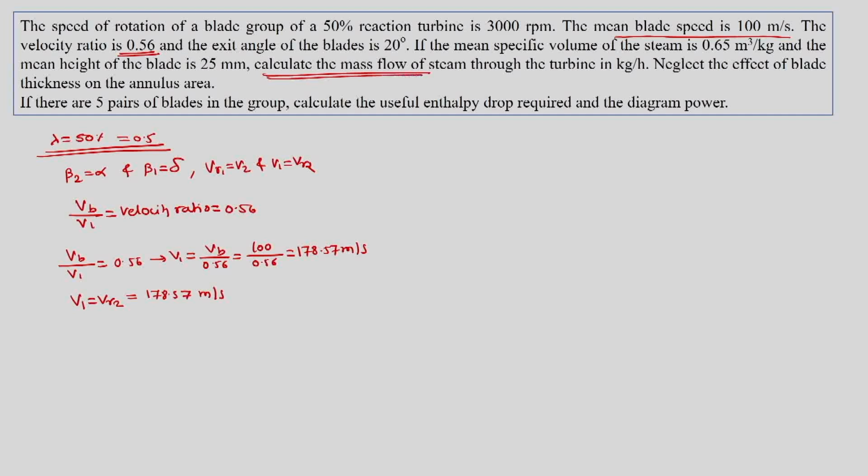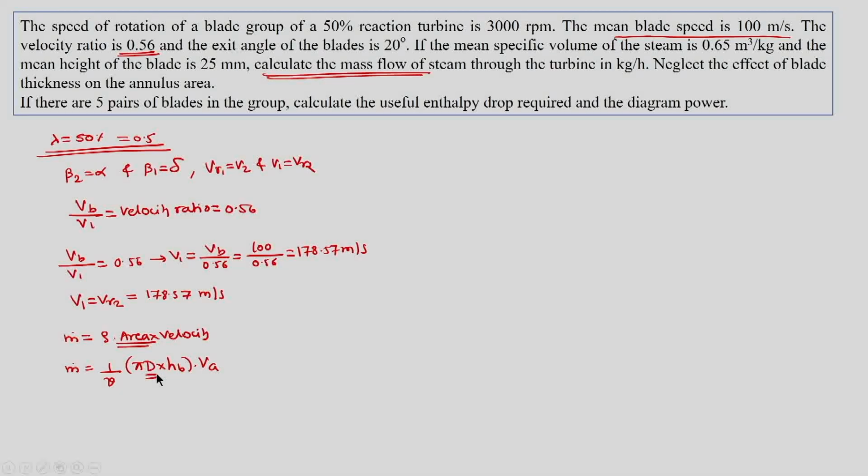Now we basically need the mass flow rate to be calculated. As we know, mass flow rate is equal to density into area into velocity. So to calculate this area, we need the diameter, since density can be replaced by 1 upon specific volume, and the area is pi into diameter into HB into the velocity, which is VA.